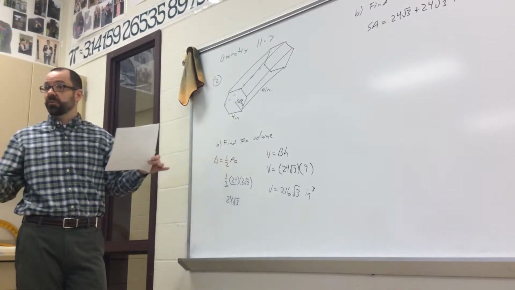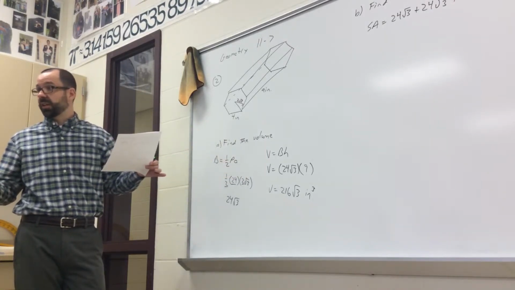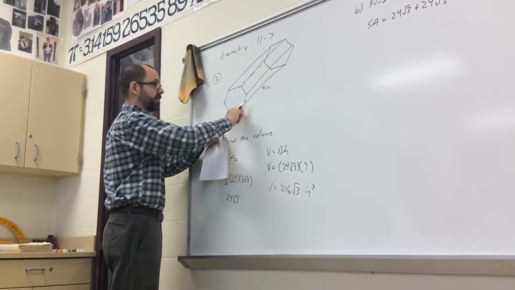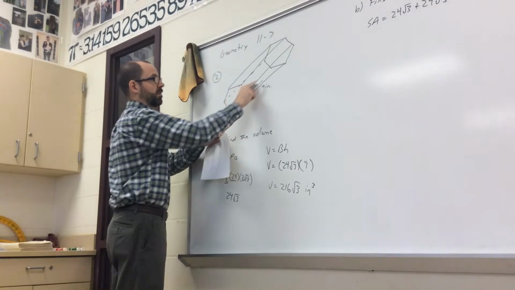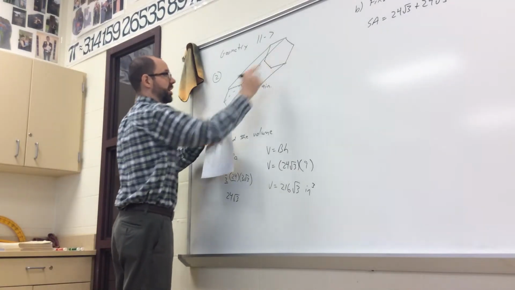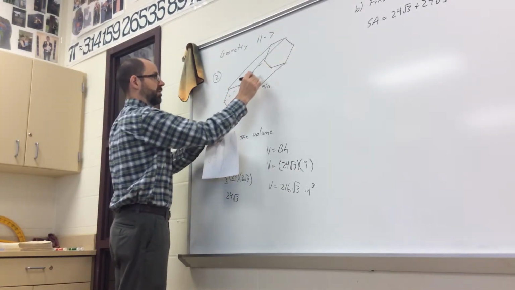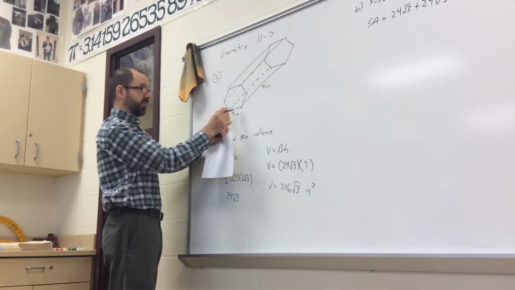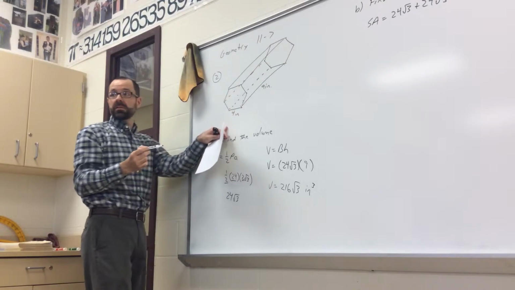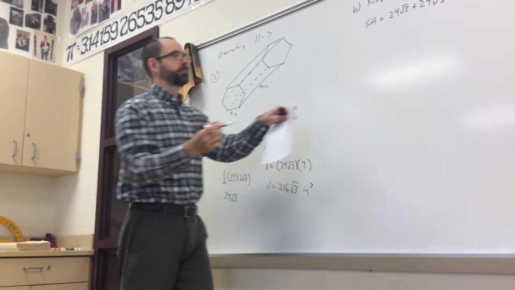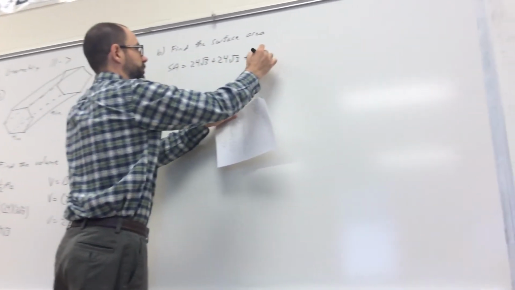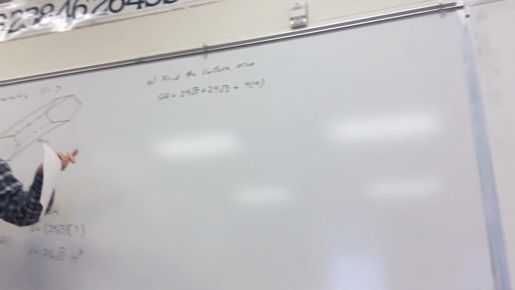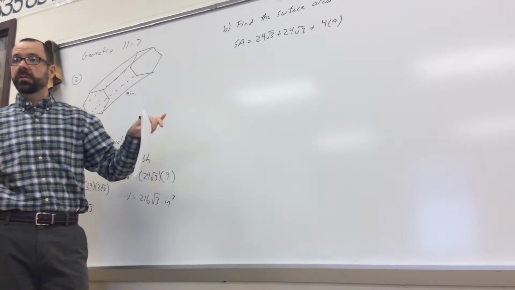All right, so we just have to figure out the area of each of those rectangles. There's the rectangle on the bottom. It's 4 times 9. So the area of the rectangle on the bottom is 36.